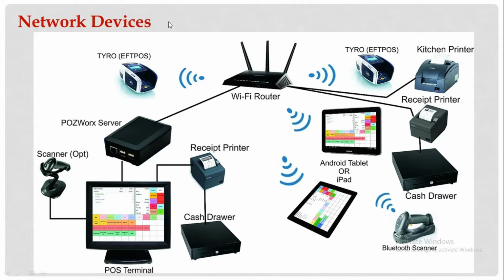So, network end devices means a computer or a mobile or any end device which is connected to a network. Next, let us see the network navigation devices. Network navigation devices are associated with the network end devices in order to connect to the network.